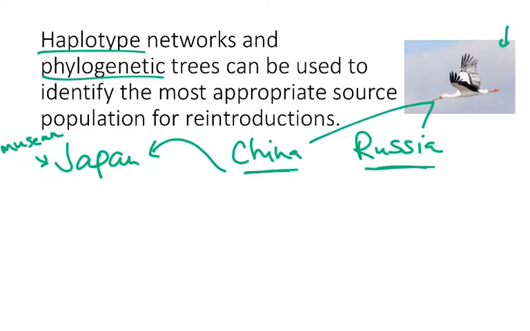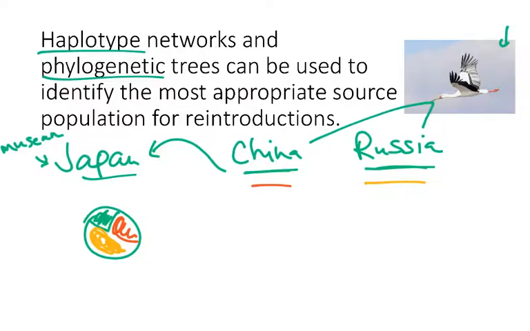So if we were doing a haplotype network, for instance, say this is one haplotype, and we found that there was a haplotype that was shared between Japan, China, and Russia. So say we have one haplotype that's found in all 3 of those locations, that would indicate that overall there's some genetic similarity there between both the China and Russia population, which might make it appropriate to move back into Japan for reintroduction.